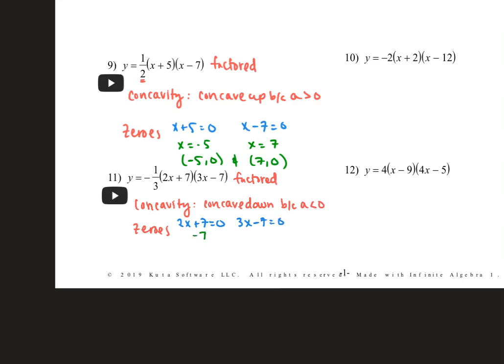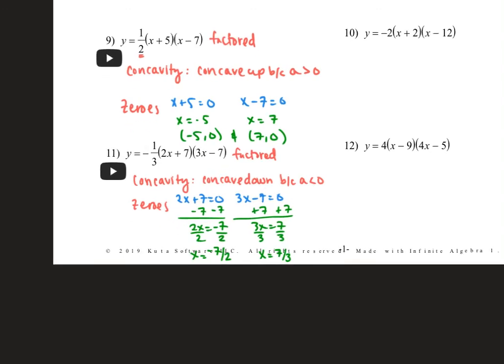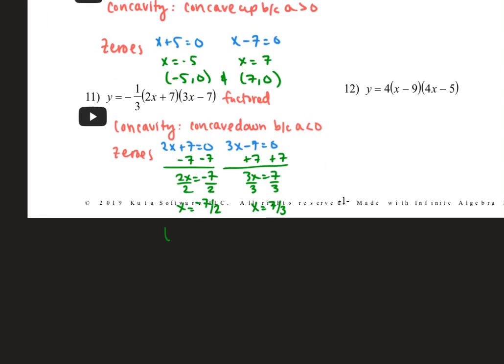Solving, subtract 7 and divide by 2. So x is -7 over 2. And then here we're going to add 7 and divide by 3. So my zeros are going to be -7 halves, 0 and 7 thirds, 0.